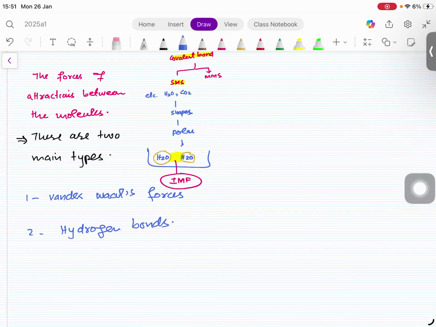The first one, number one, is van der Waals.